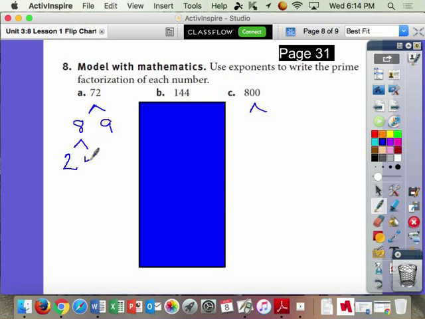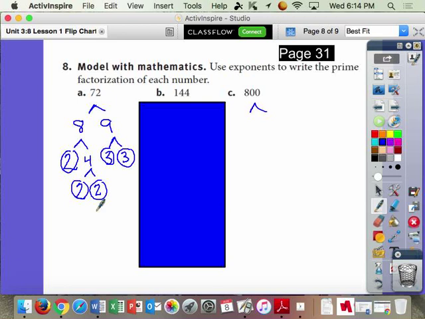So we know that 2 times 4 equals 8, and 3 times 3 equals 9. I know these are prime. I know this is prime. What does 4 break down into, though? 2 and 2, good.